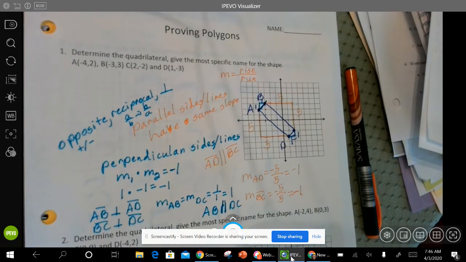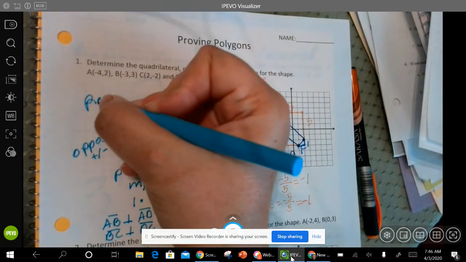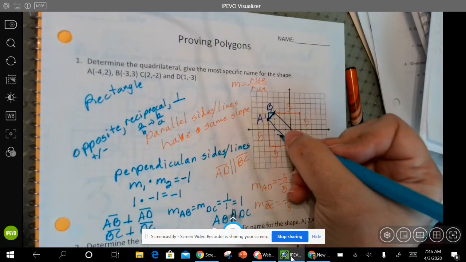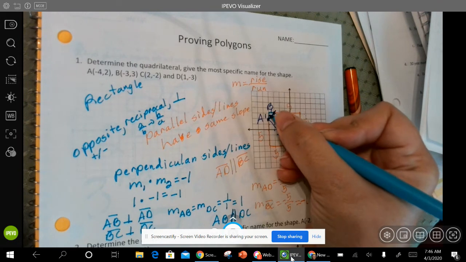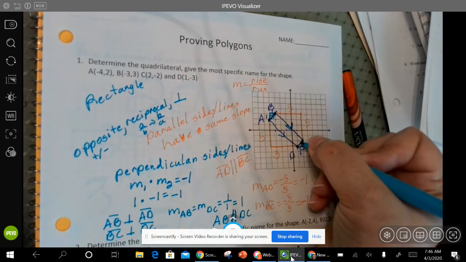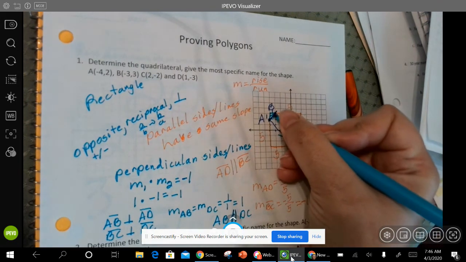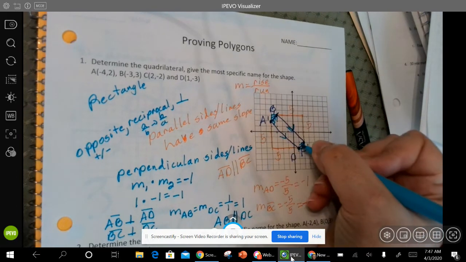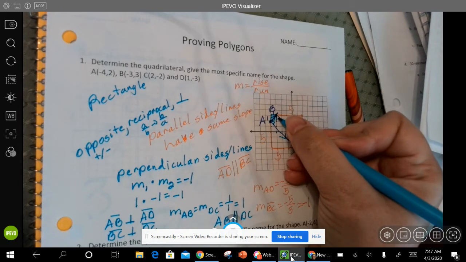Okay, so we have all those. So it is a rectangle. So the opposite sides are parallel, and these are right angles. Okay, so they form right angles.